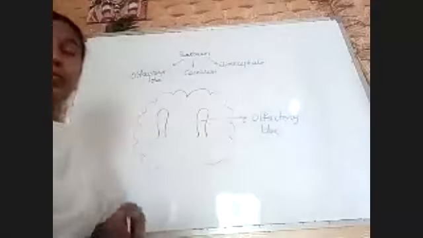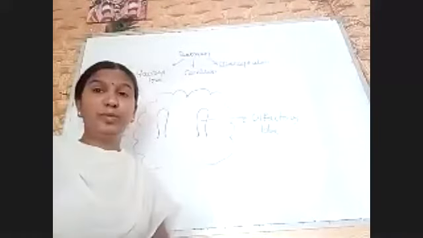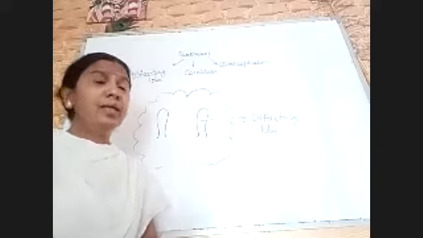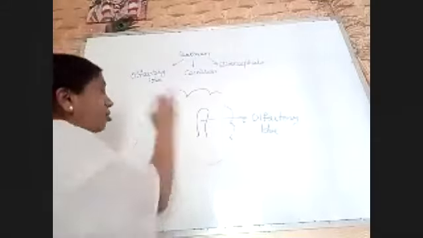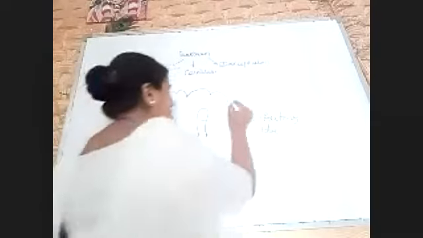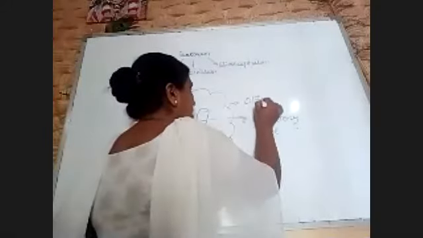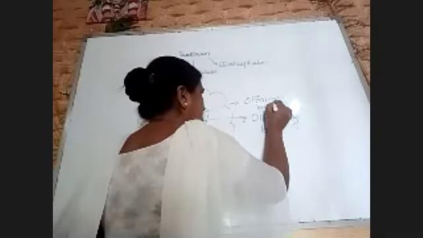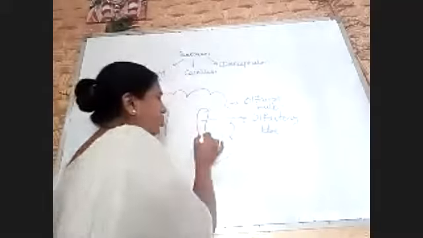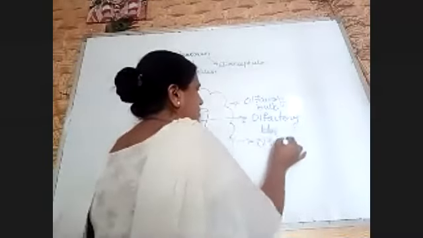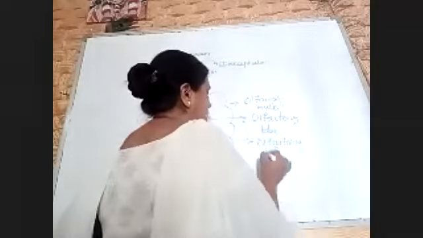From the dorsal side, we will not be able to see it. We have to see it from the ventral side. Here, this olfactory lobe contains the swollen part, which is called the olfactory bulb, and the narrow part, that is called the olfactory tract.